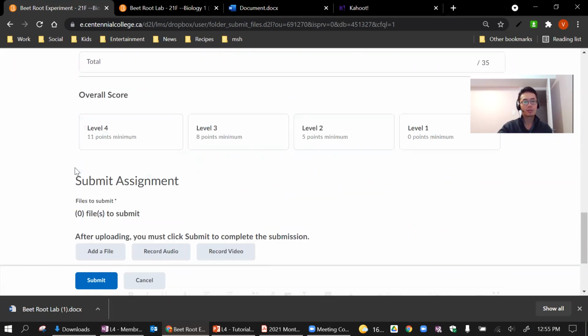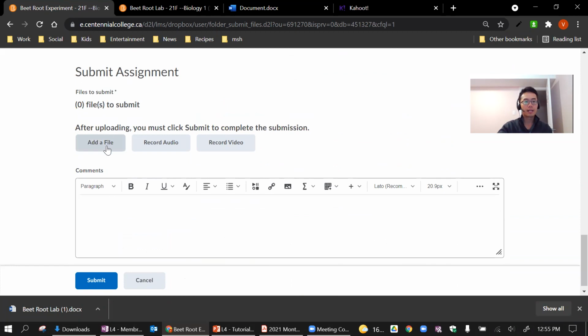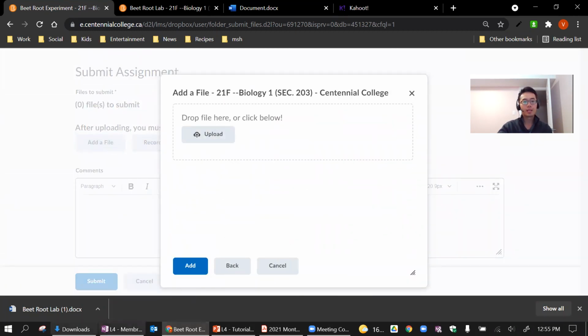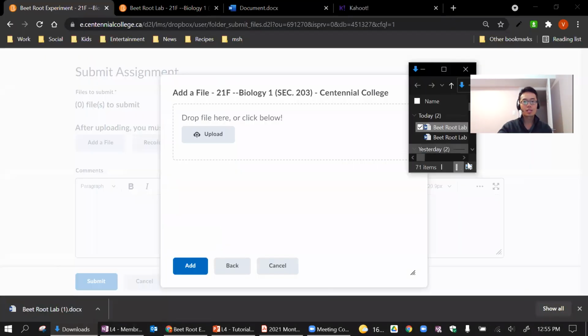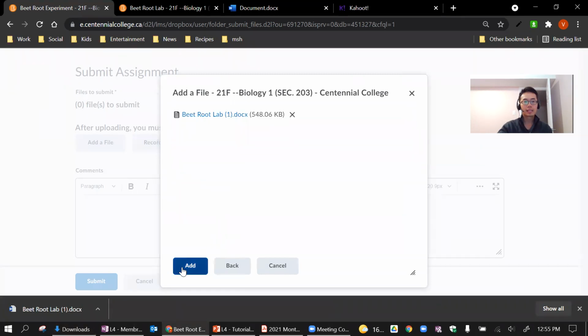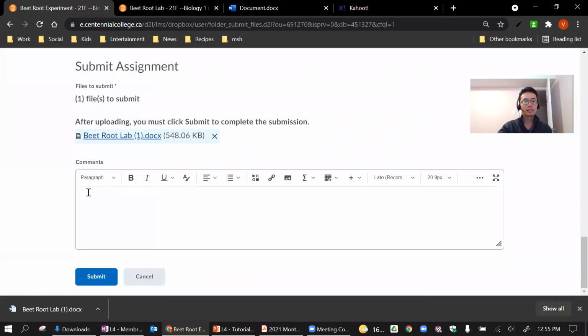You go all the way down, and it says add the file. You click on that, choose my computer, and go back to the folder where you saved your file. You just drag it in and click add. If you have something you want to tell me, you can tell me.